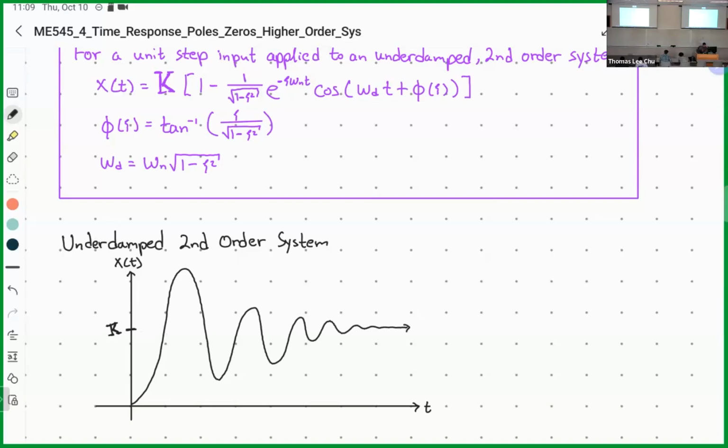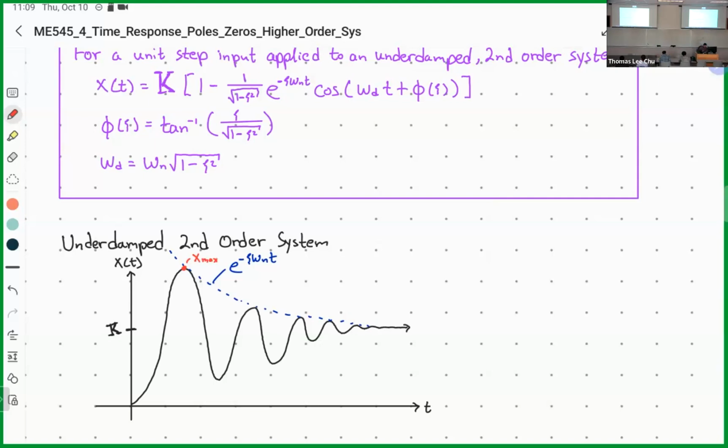First thing I want you to observe is that if we were to draw this decay term here, it would look something like that. That's e to the minus zeta omega n t acting on the oscillation. This point here is going to be my max value. Let me call this x max.